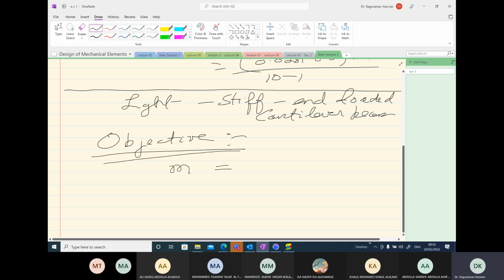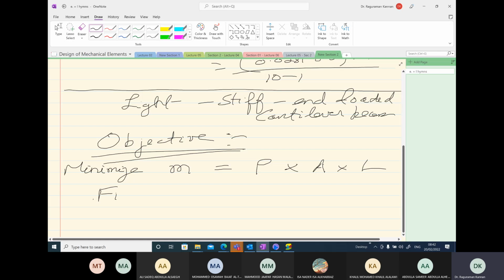Let's write minimize, since it is light, mass. So I will write the expression as well. Mass is equal to rho times, since this is a beam with a circular cross section, whatever is the area of cross section, I'm going to represent it as A, times some length. Okay.